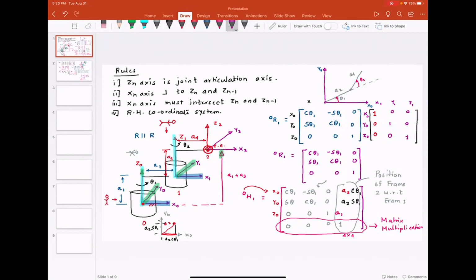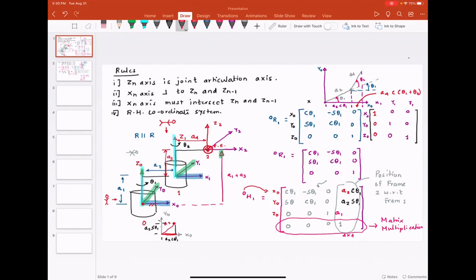So I'm going to use the projections, and everything will be super clear. This is going to become A2 cosine θ1. If you look at this angle, it is the same as θ1. So the projection of this is going to become A4 cosine of θ1 plus θ2.